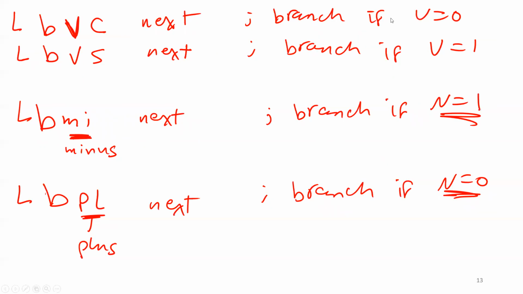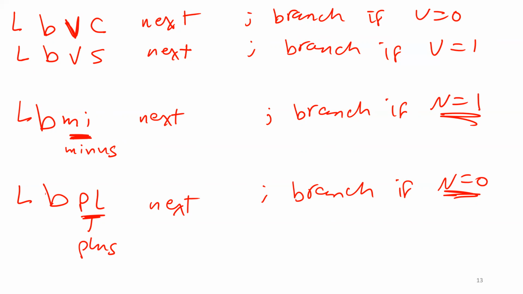So we have here branch if the V flag is clear, branch if the V flag is set. Okay, branch if minus, minus means the negative flag is 1. Branch if plus, PL, is going to branch if the negative flag is 0. Okay, guys. So now I explained 8 branches. Every flag has 2 branches.